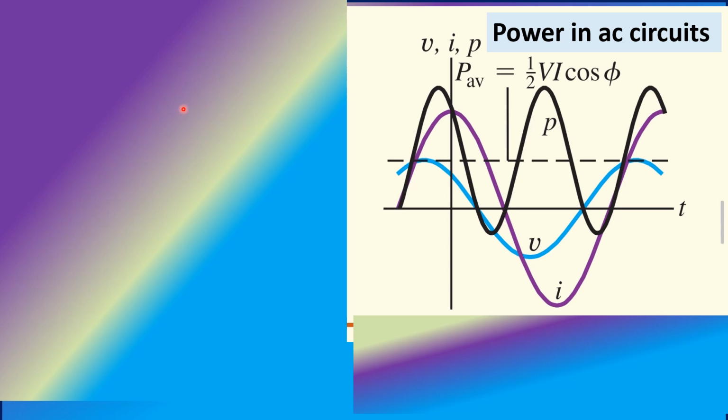In any AC circuit with any combination of resistors, capacitors, and inductors, the voltage V across the entire circuit has some phase angle, angle phi, with respect to the current small i. And if we look at the graph, we have here the graph for the power, for the voltage, and for the current as functions of time.